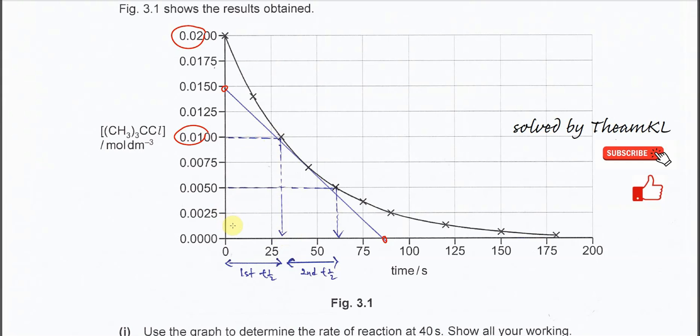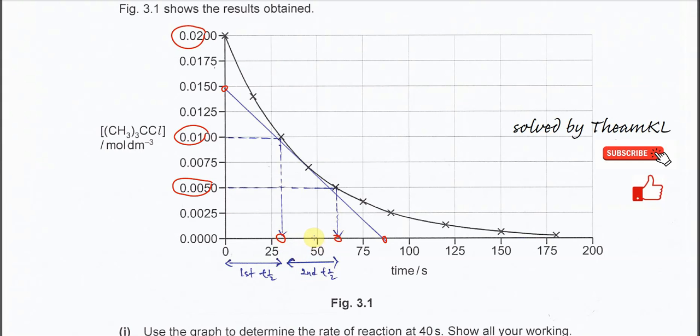Okay, after that, from 0.01 to 0.005 is halved. So half of the concentration. And here you draw one line, touch the curve, and get another time here. So here is the first half-life, and the second half-life is this point minus this point. So this is the second half-life.